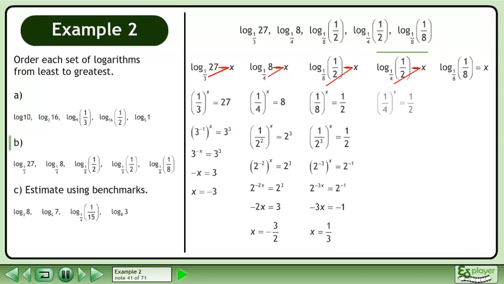The next logarithm can be written as 1 over 4 to the power of x equals 1/2. Rewrite 4 as 2 squared. 1 over 2 squared equals 2 to the power of negative 2, and 1/2 equals 2 to the power of negative 1.